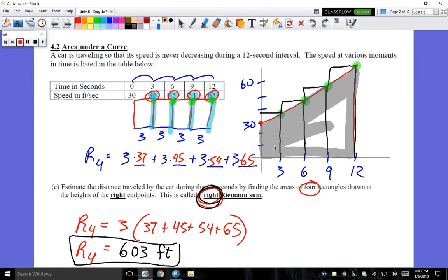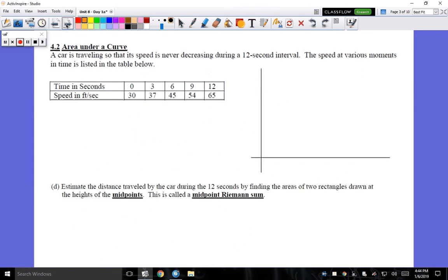And this time we were asked to do a right Riemann sum, which in this case is going to be an over approximation because of the fact that this is the area that we actually obtained. And you see already that it's an over approximation because these little corners, the upper left corners of each of these rectangles, is showing an area of too much. All right, so that is the right Riemann sum.